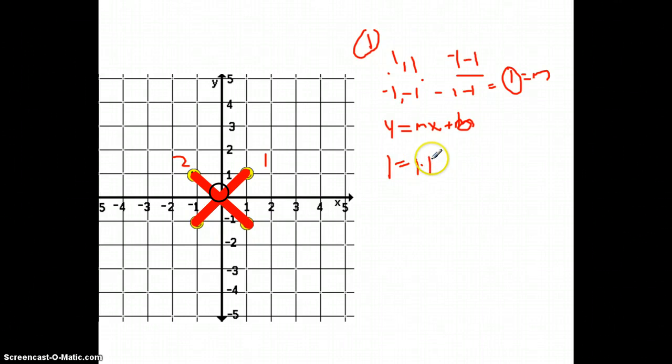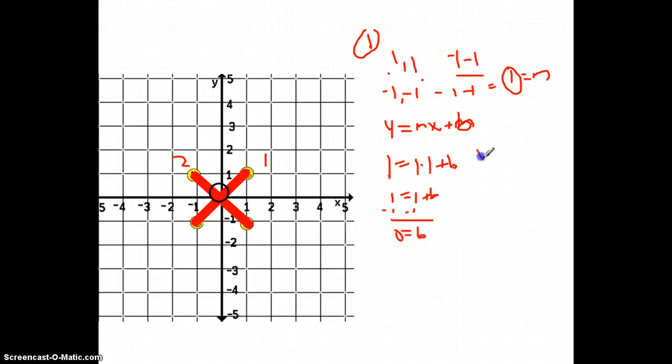It definitely gets much more difficult, but if you're organized and neat about it, you will get the right answer. 1 times 1 plus b. We're looking for b. B should be 0, but let's make sure. So 1 equals 1 plus b, and if you subtract 1 from both sides, you get 0 equals b, which is exactly what we were looking for.